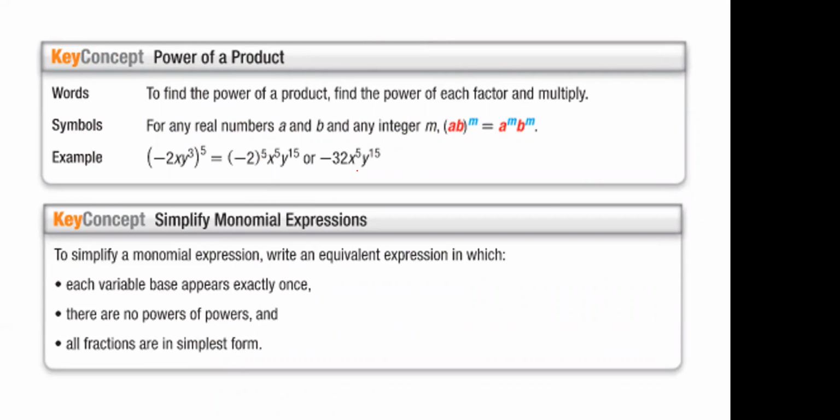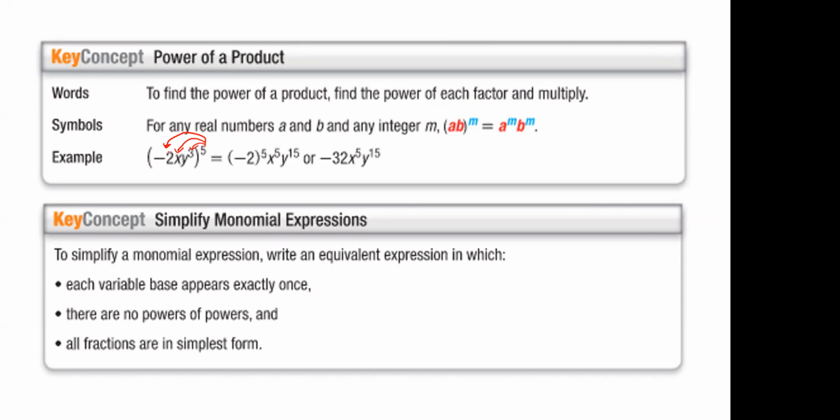Now the power of a product. To find the power of a product, find the power of each factor and multiply. Same thing if you have multiple terms within the parentheses. It's kind of like the distributive property: each one of these you would have to raise to the 5th power.